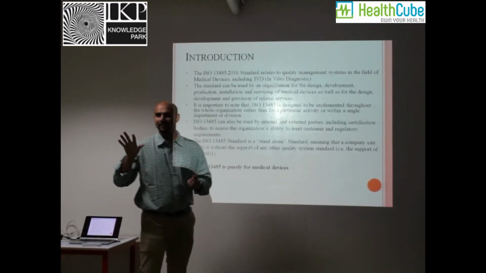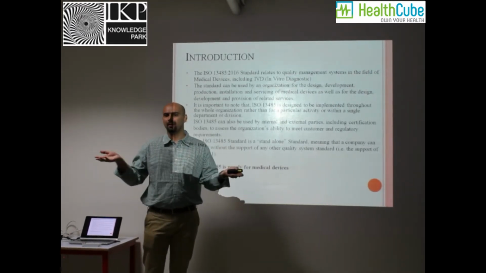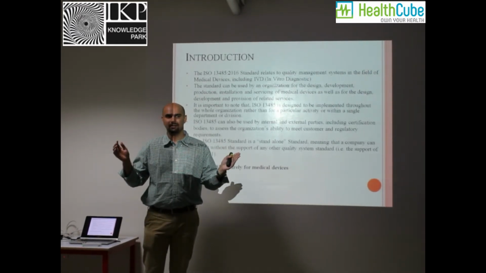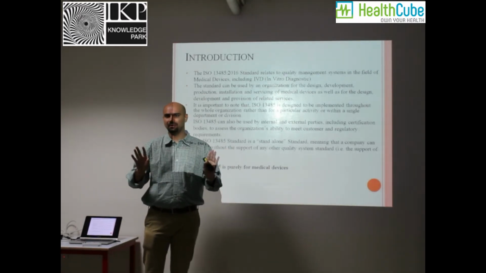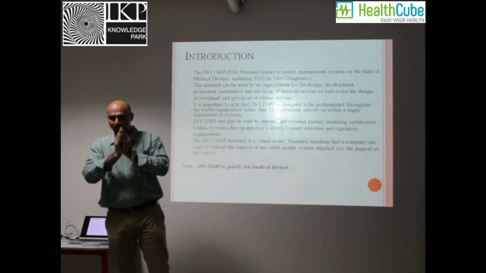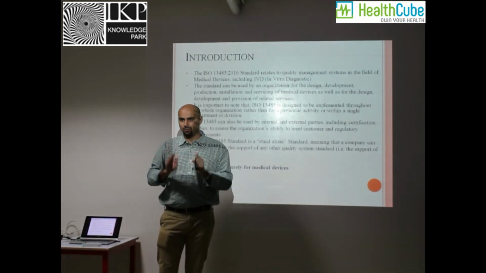So are you guys aware of 9001? Yeah, ISO 9001. So what is different between 9001 and 13485? Any guesses? It's basically for medical devices. Simple. Since 2015, there has been a complete break from 9001.